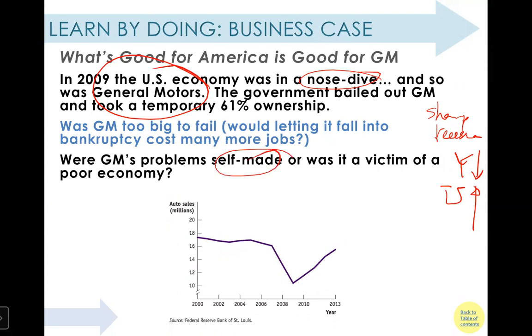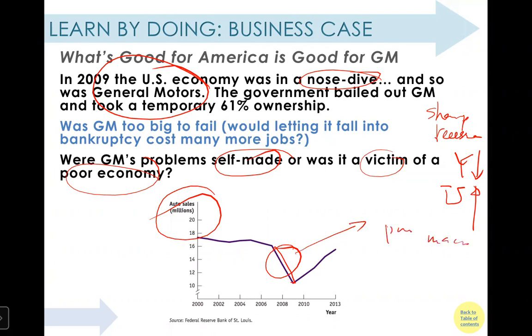Their problem is largely because they were a victim of a poor economy. Look at it here. This is their sales. There's a collapse of their sales, right? But those proponents of the bailout say the collapse is not because of poor management. Instead, it is because of the poor macroeconomy.